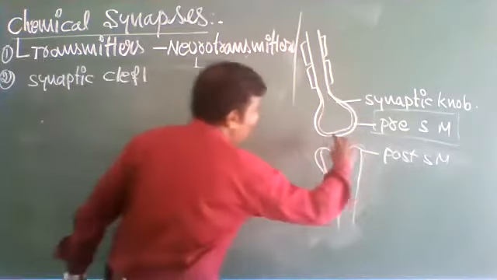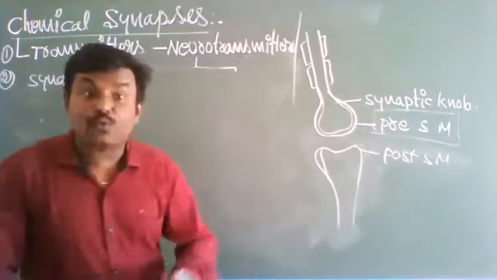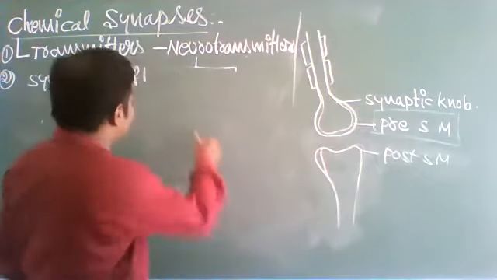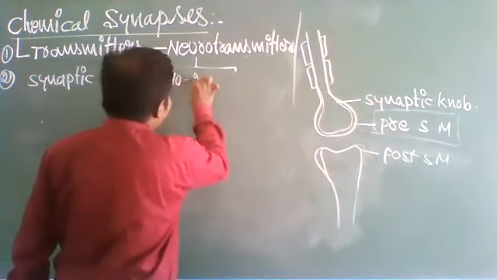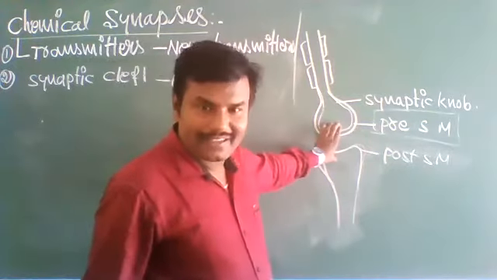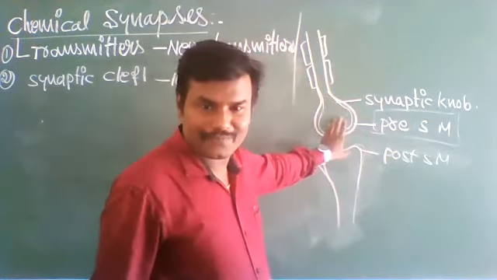This is called the synaptic cleft. It is wider, about 10 to 20 nanometers, at chemical synapses.